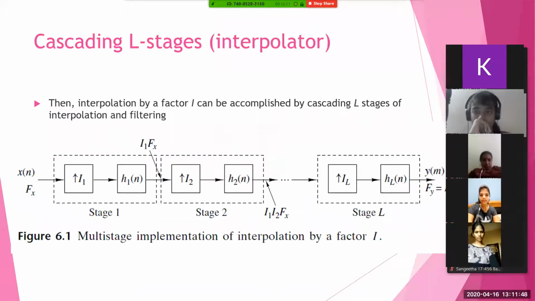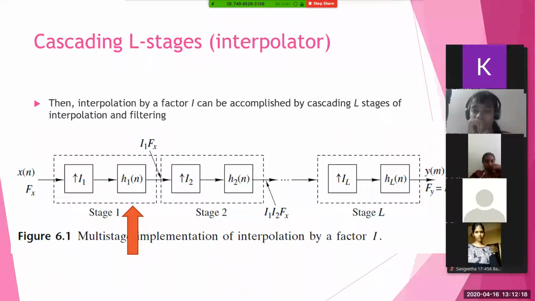So here, as you can see, this is stage 1. This is the block diagram of that multi-stage interpolator. What I have done is taken the large value of I and divided it into a product of various integers, and then for each small number I am designing a separate interpolator.